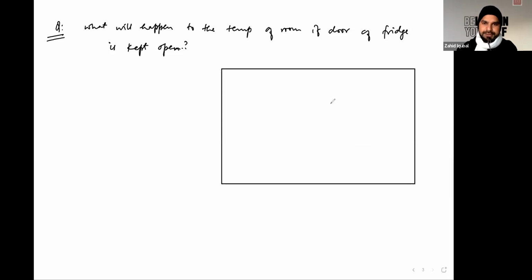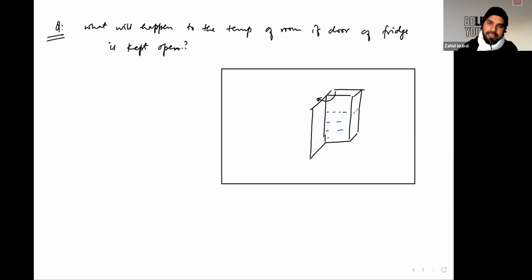Let me define you. Suppose you have a fridge and its door is kept open like this. So on opening this door, this cabin and this entire room will act as common system or same system. So it will absorb lesser amount of heat from this cabin. So you will say from room.